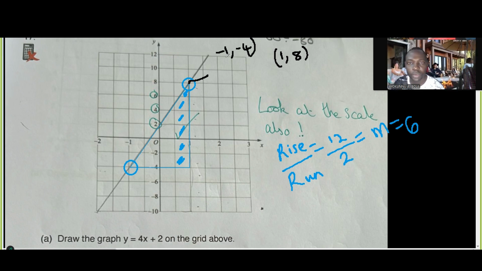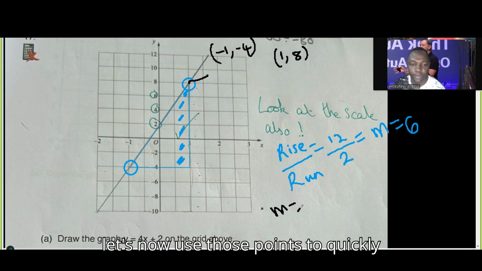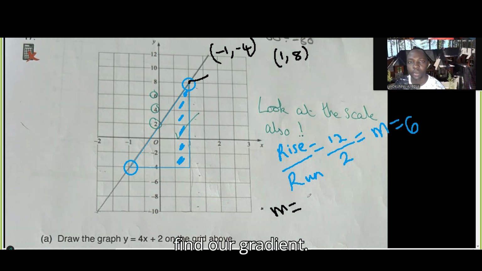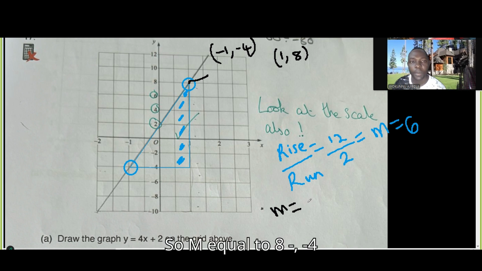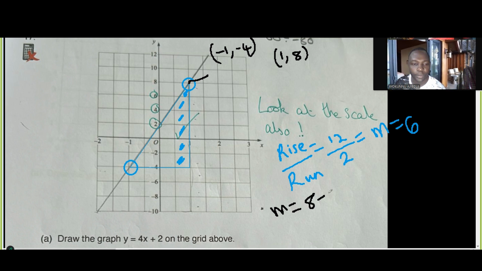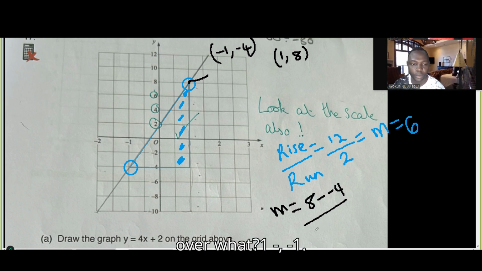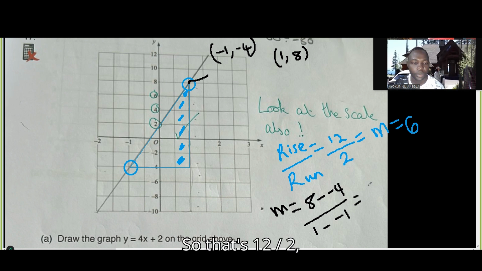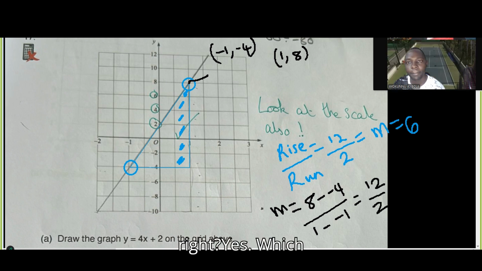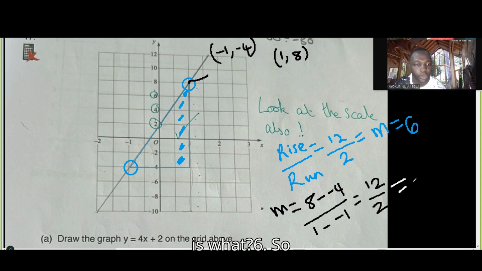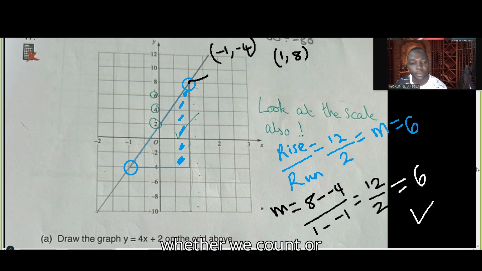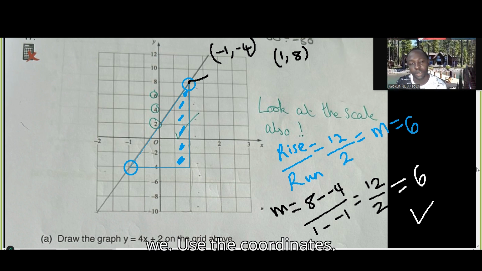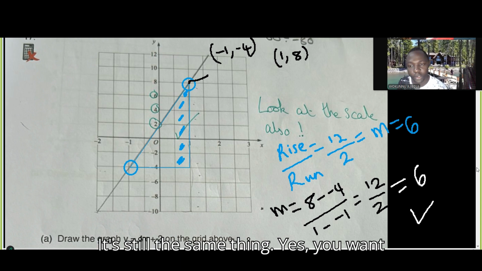So let's now use those points to quickly find our gradient. So m equals 8 minus -4 over 1 minus -1. So that's 12 over 2, right? Yes. Which is what? 6. So whether we count or we use the coordinates, it's still the same thing.